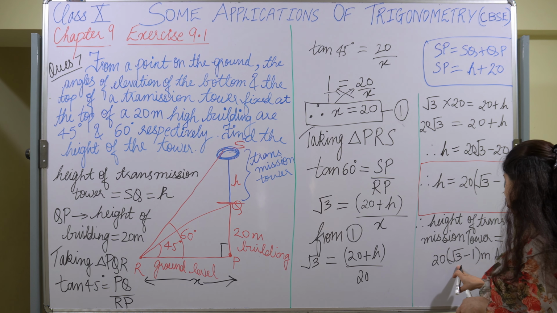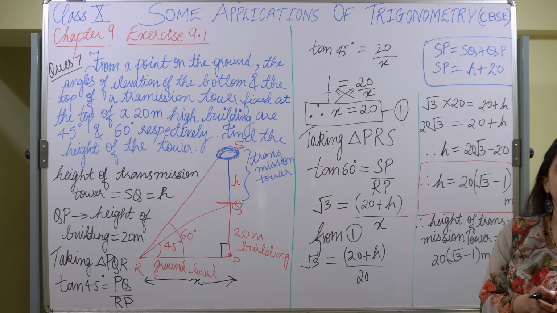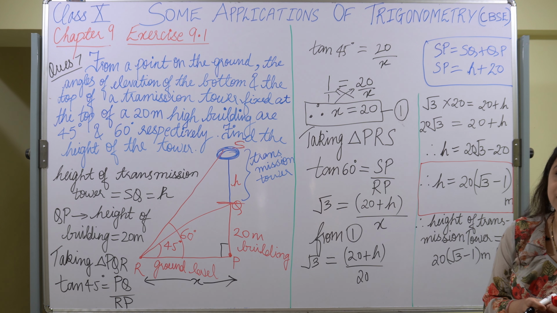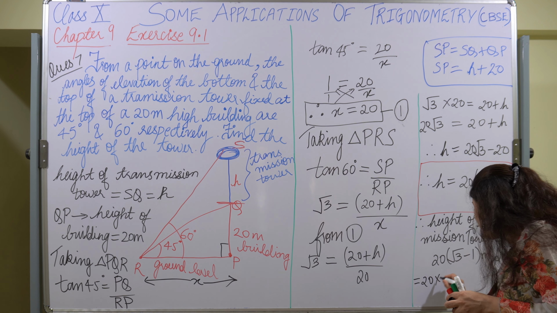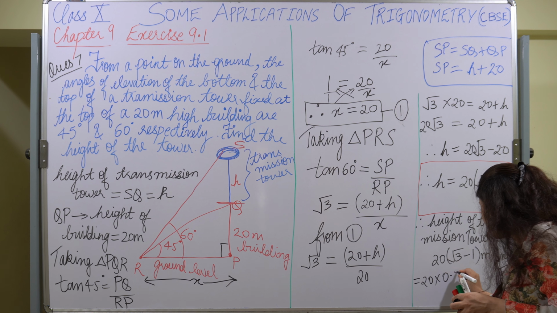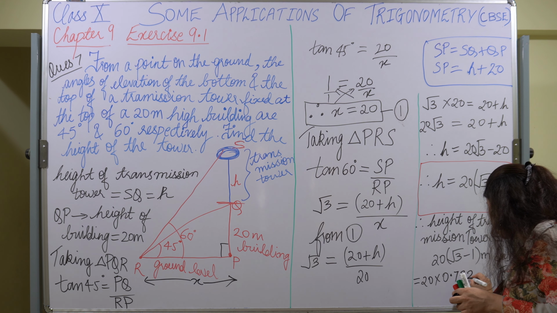If you want, you can put 1.732 minus 1, so it will be 0.732. So you can also put 20 into 0.732.